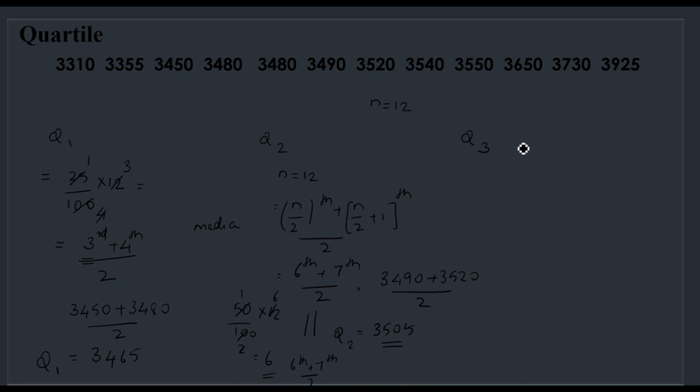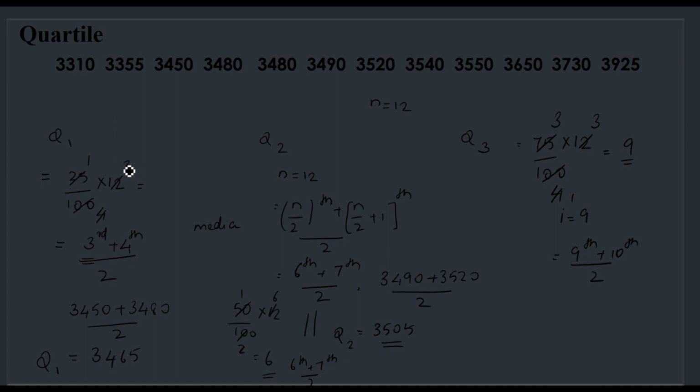Then Q3 is the 75th percentile. 75 divided by 100 times 12. So 4 times 3 is 12, 1 times 3 is 3, so 9. We have got I equal to 9. If we get an integer value, we take the 9th value plus the 10th value, divided by 2.